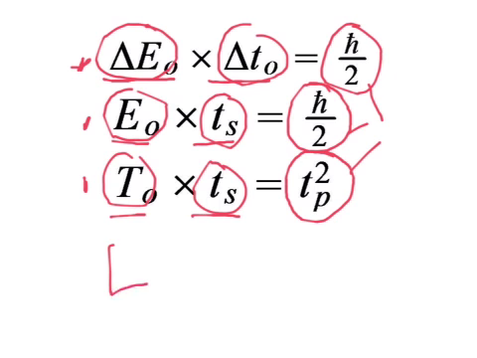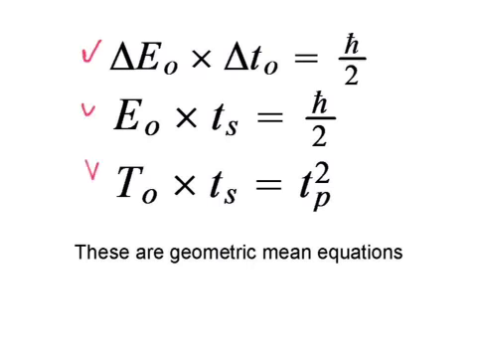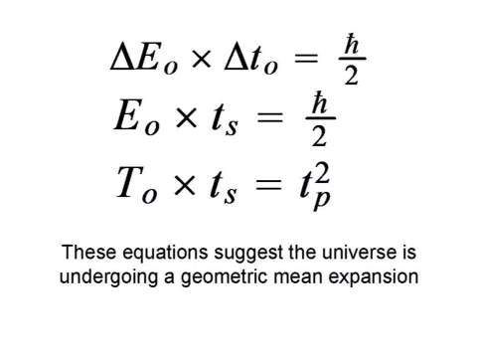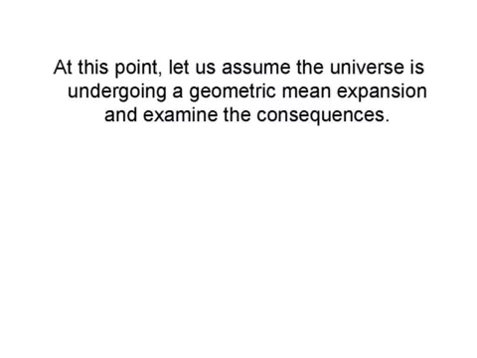So we have the largest times the smallest is equal to a constant. These three equations are all geometric mean equations, and they suggest that the universe is undergoing a geometric mean expansion. At this point, let us assume the universe is undergoing a geometric mean expansion and examine the consequences.